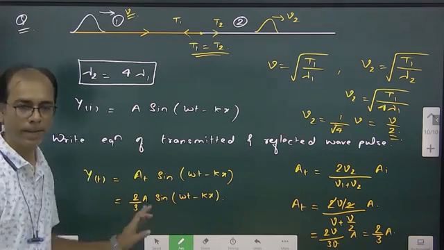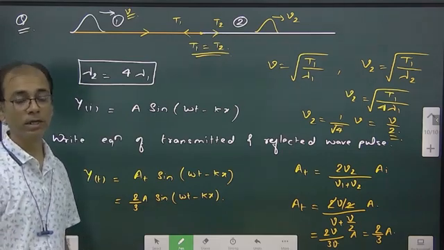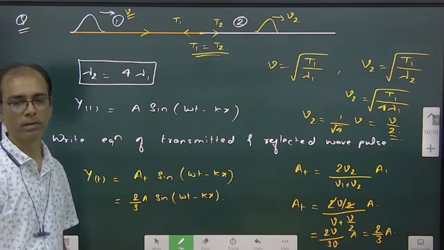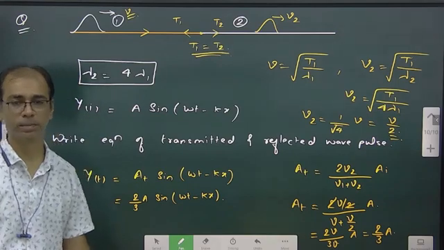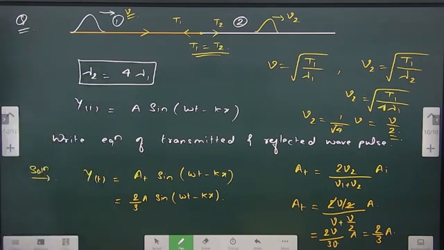Okay, this is your transmitted wave pulse. Right. Note this one and then try to find the reflected one. Any doubts, students? Any type of doubt?